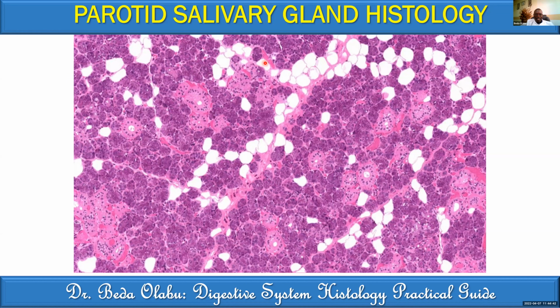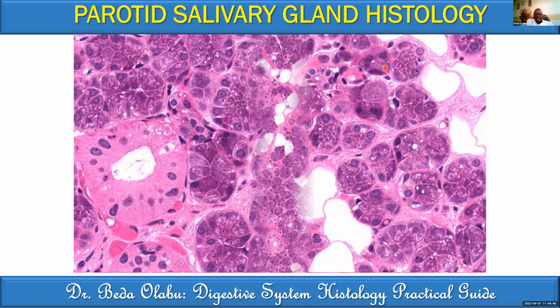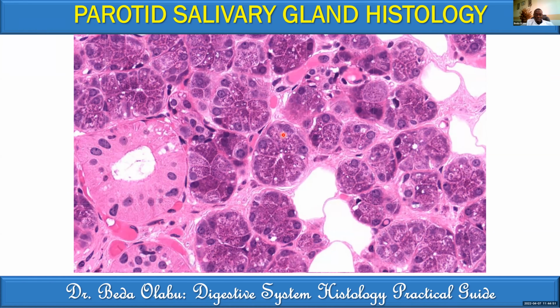And yes, these white things are not mucus acini, they are adipocytes. This high magnification confirmed to us that the acini are indeed serous. That's a serous acinus. There's another serous acinus. And these ones are scattered adipocytes. That is a duct.